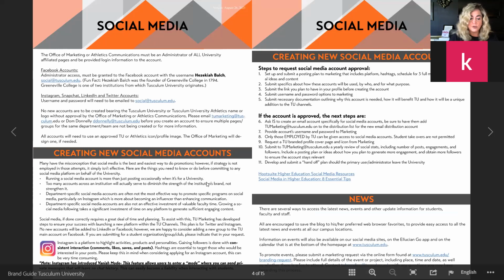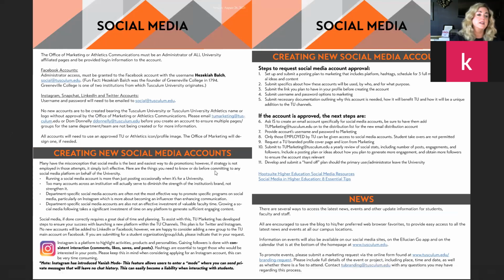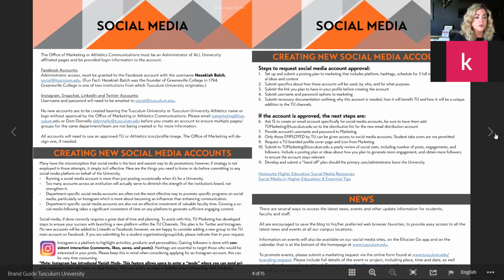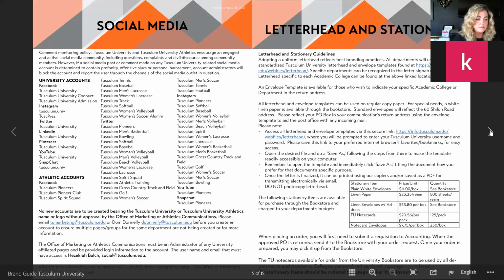They may have certain rules as far as what can be used in social media, and you need to share those. They talk about news, which is probably not so relevant to what we're doing. Different types of logos for different websites, different header and banner sizes, and then letterhead and stationery.